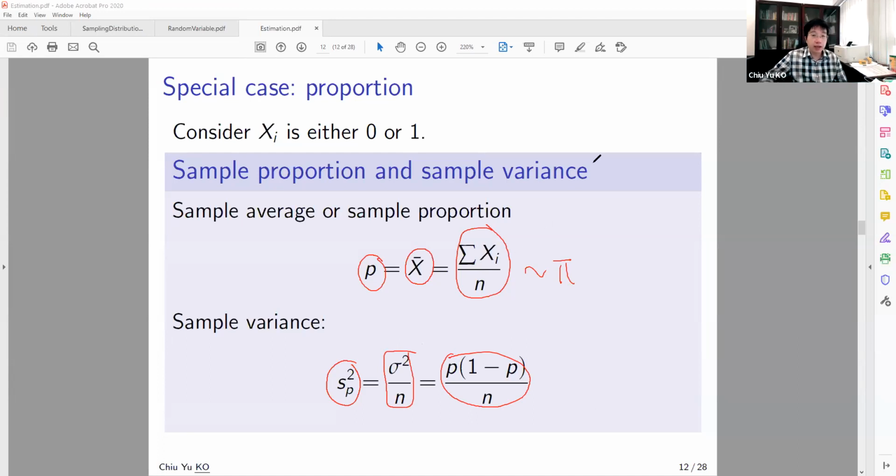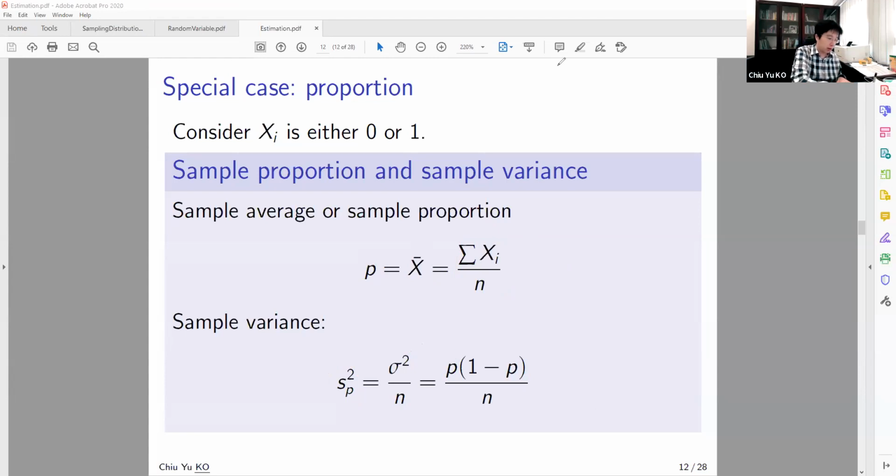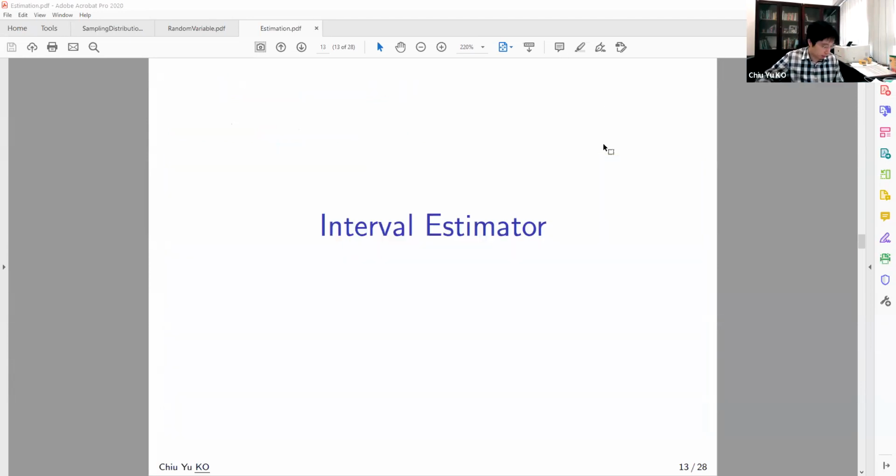If you're okay with that, then we will continue with the interval estimator. We're done with the point estimator, and then we will continue with the interval estimator. Is that okay? Any question?